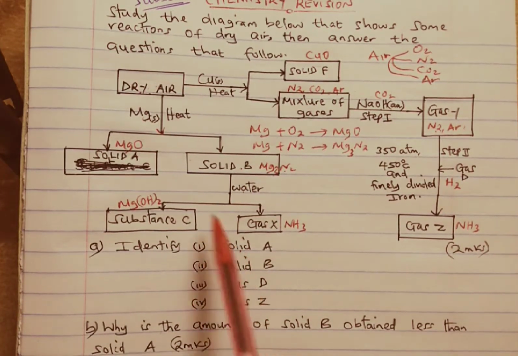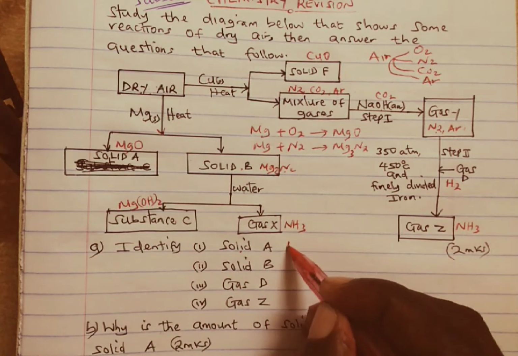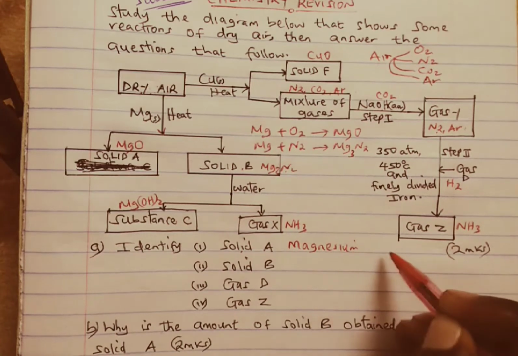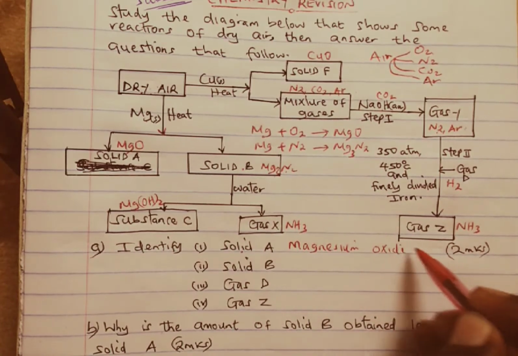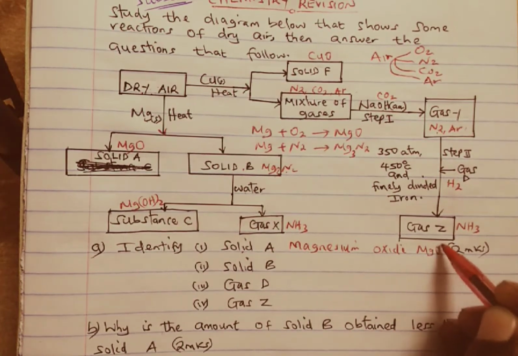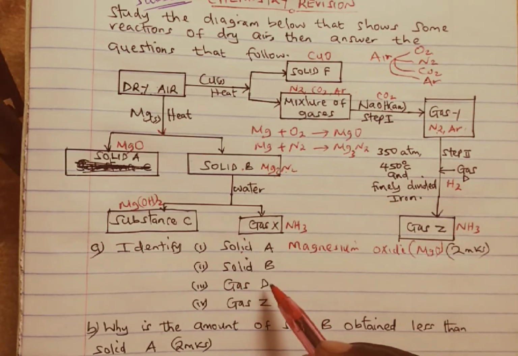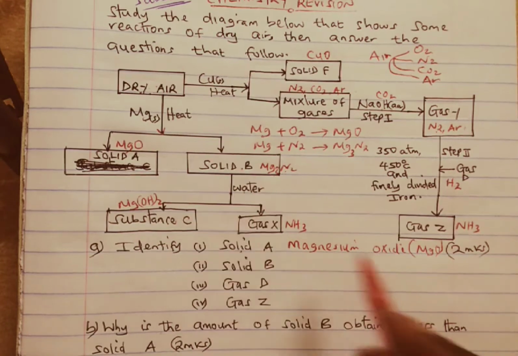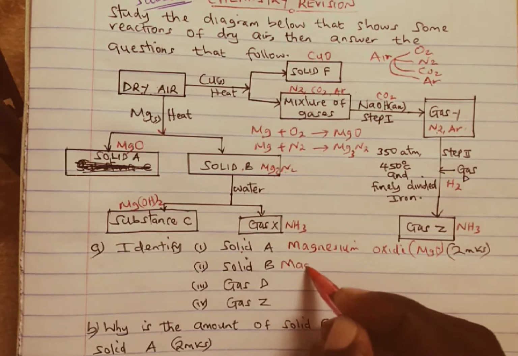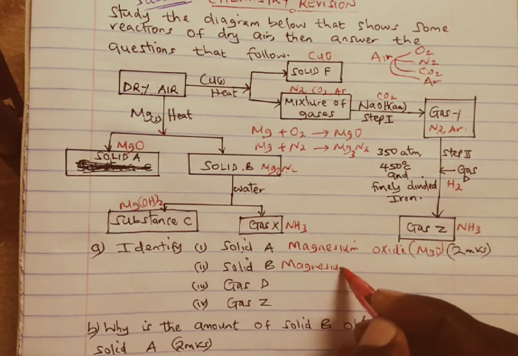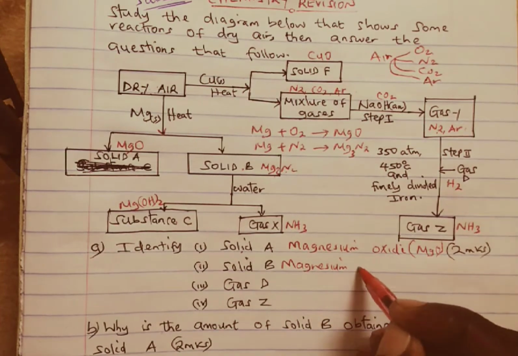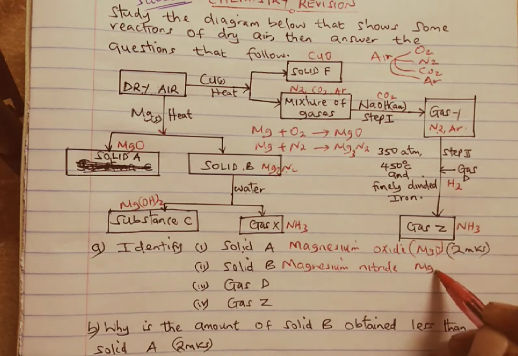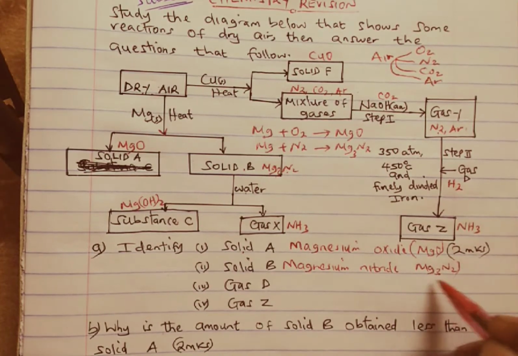Identify solid A. Solid A is magnesium oxide, MgO. We have solid B. Solid B is magnesium nitride, that is Mg3N2.